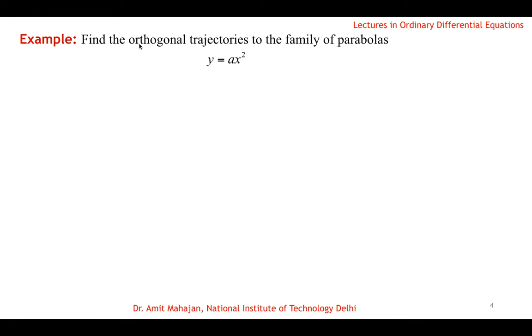So we want to find what are the orthogonal trajectories to these parabolas. What are the infinite curves which cut exactly at 90 degrees to all these parabolas? Given this family of curves y is equal to ax square, our first step is to construct a differential equation for this. We differentiate this one time and eliminate the constant a.